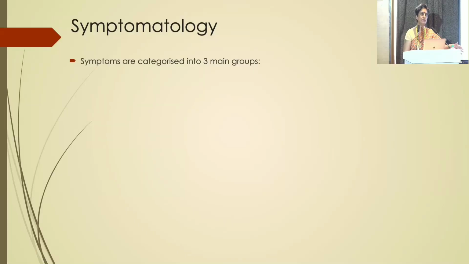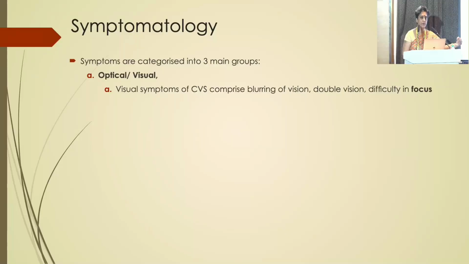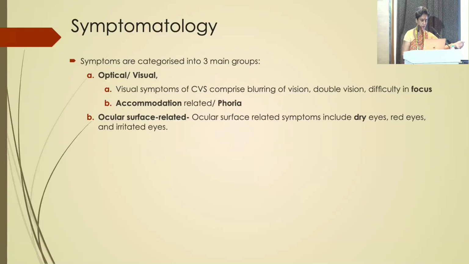Yeah, so the symptoms I would like to divide into 3 groups. This is not some known classification, but it's easier to remember this way. First, the optical or visual symptoms. These can be related to focusing issues or accommodative issues related to the phorias. The second set is dry eye, called dryness, irritation, burning, so all these ocular surface related symptoms, those coming to the cornea and surface disease specialist.